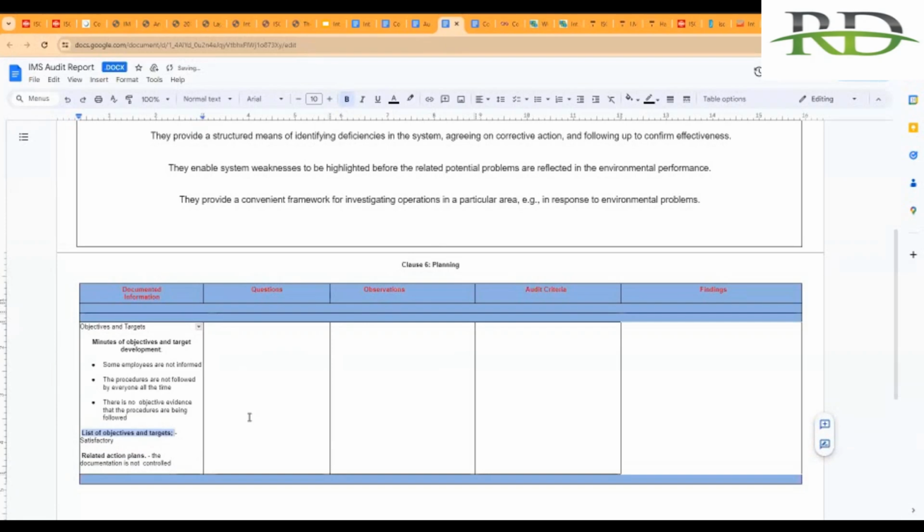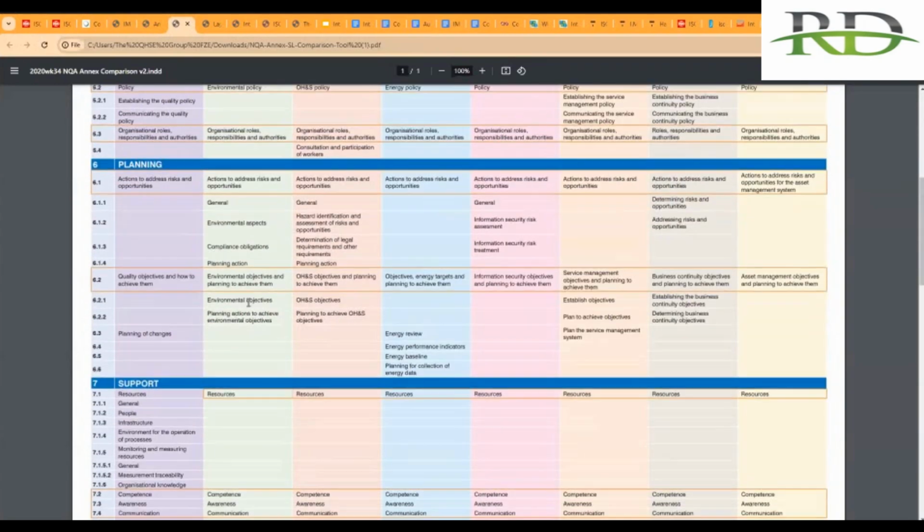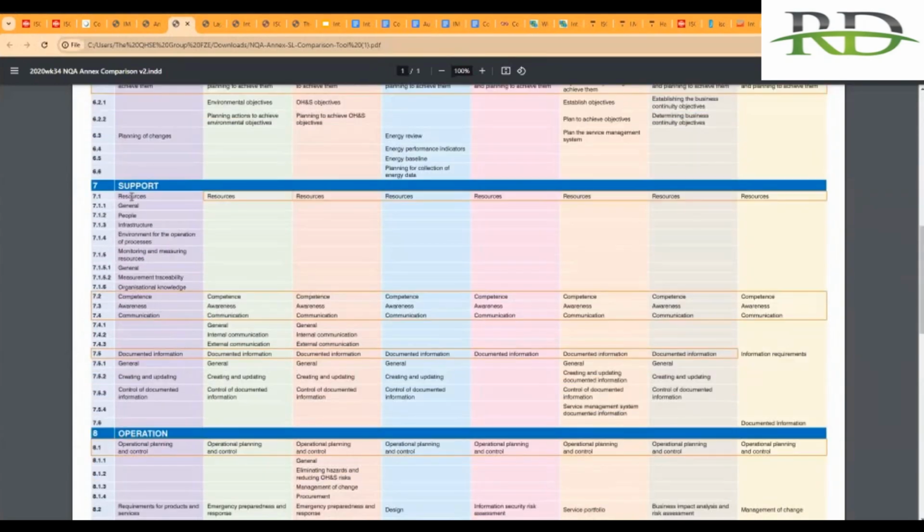And if you go to clause number 7 of any ISO standard, this is called organizational knowledge. This section that you're looking at here, if you go to clause number 7 of any ISO standard, right here, this is called organizational knowledge. That is basically what it means.